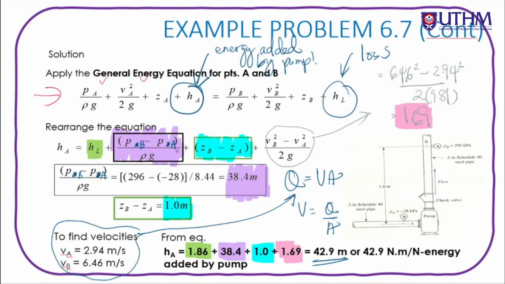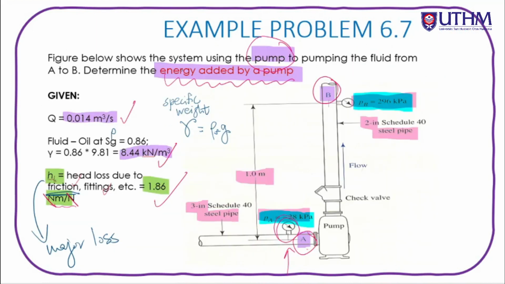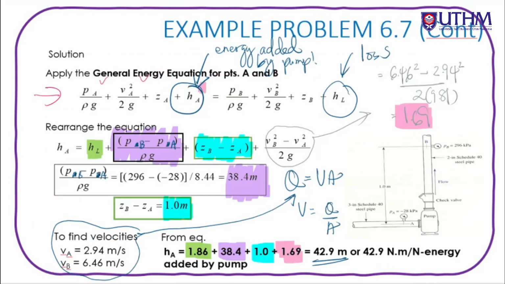Cumanya untuk this case, since kita add on pump, so kita tahu kan, macam saya terangkan sebelum ni, bila kita tambah pump, kita tambah energy. That's why in the energy equation, kita tambah plus HA dekat bahagian kiri. Tapi dia ada losses juga. Dia tambah HL dekat bahagian kanan.